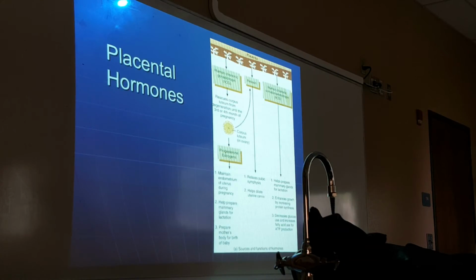Of course, collagen is present in ligaments and tendons and in fibrocartilage, like the fibrocartilage in the symphysis pubis. And mothers may notice that they become very limber when they reach the later part of pregnancy.